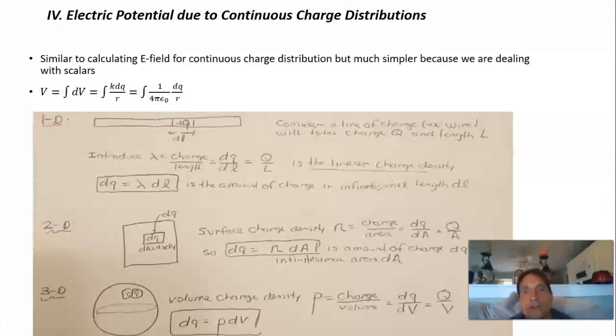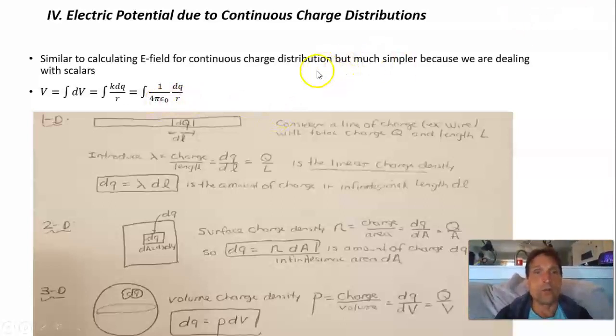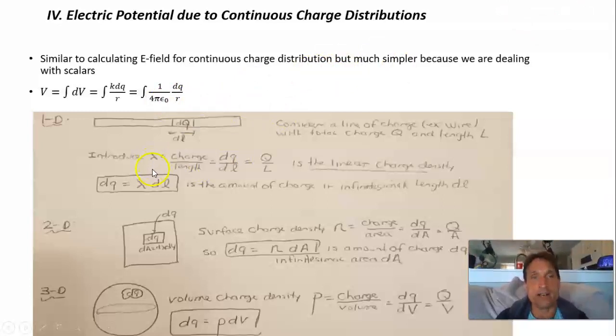So we have to do an integral when we have continuous charge distributions, just like you did with electric fields, where you had to integrate the contributions. Now, in one dimension, remember that the charge density is the charge per length, and we denoted that with the symbol lambda. So the little incremental element dq is the charge per length times the incremental length.